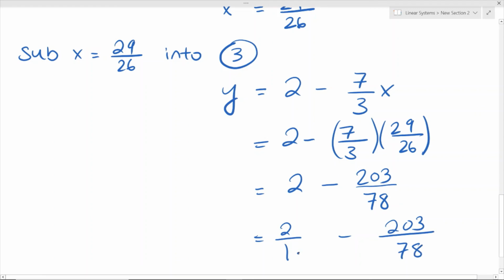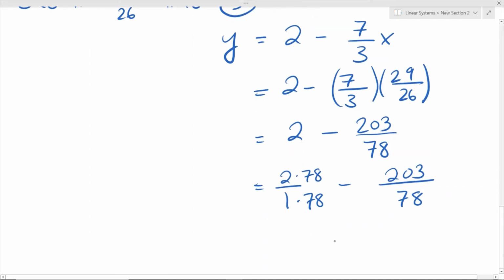And then I just have to multiply this by 78 in the denominator, and I have to do it in the numerator as well. So I'm going to get 2 times 78 is going to be 156 over 78. This is 78, this is 156. This is minus 203 over 78.